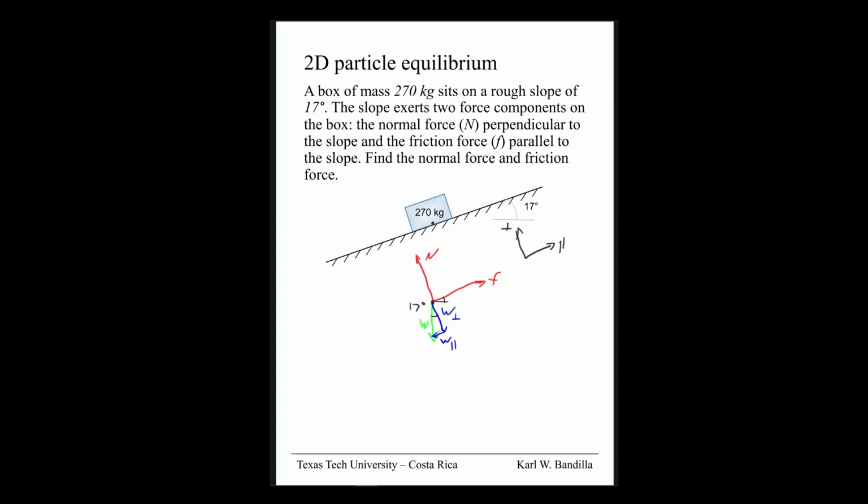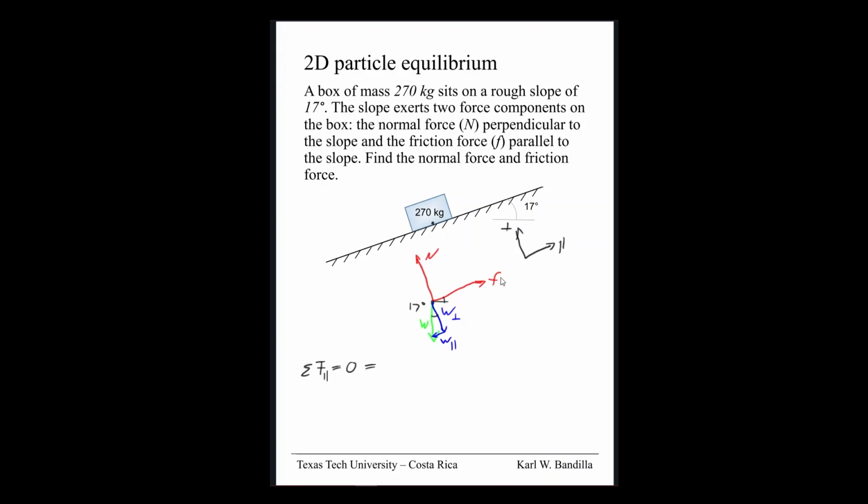So what are we going to do? We're going to write our two equilibrium equations. Now instead of in x and y, we'll write them in parallel and in perpendicular. So we can write sum of forces in the parallel direction has to be equal to 0. What do we have in the parallel direction?